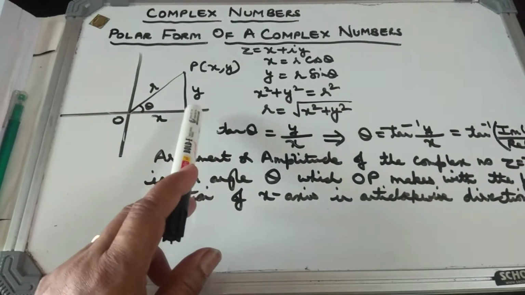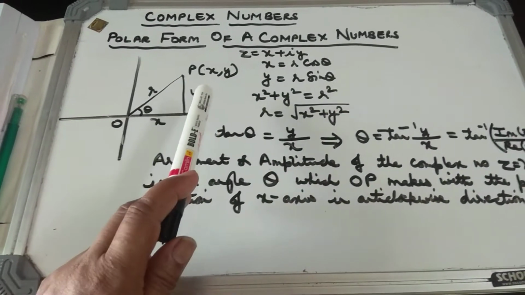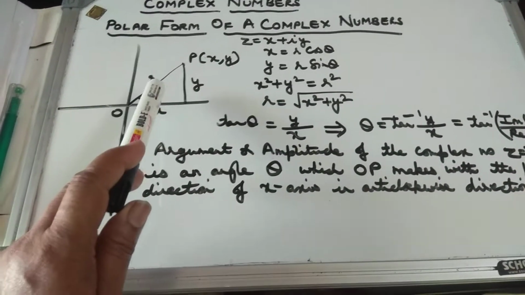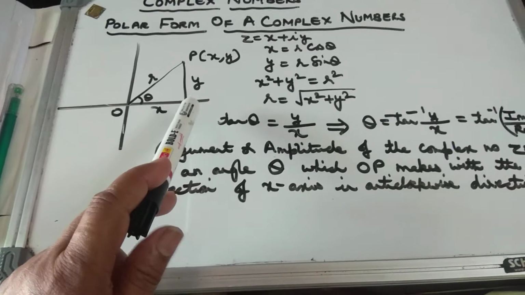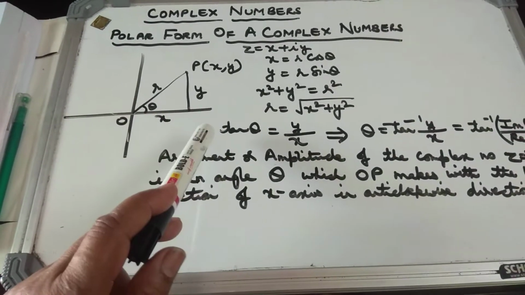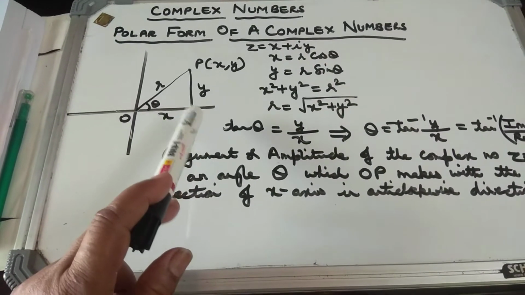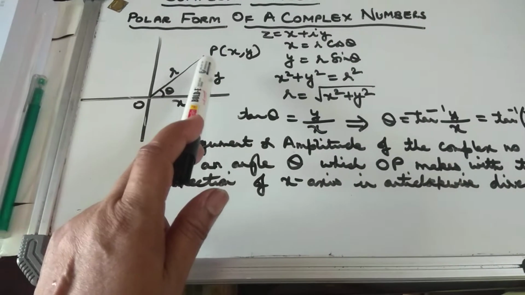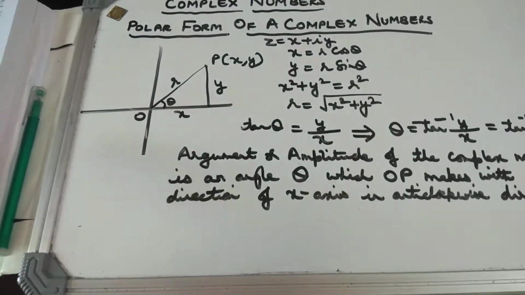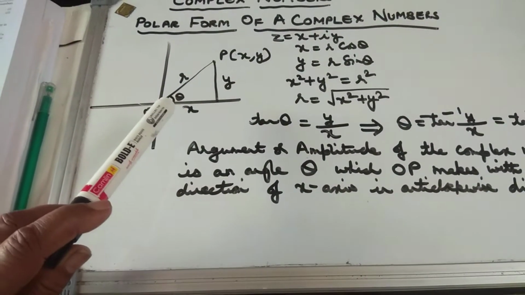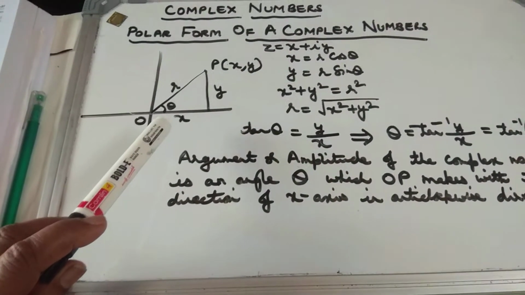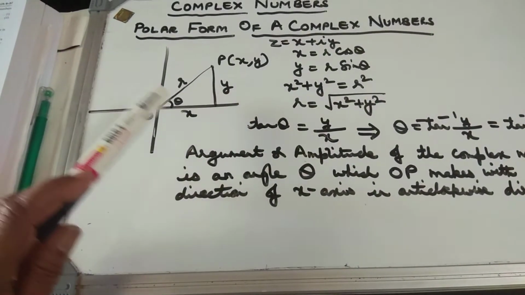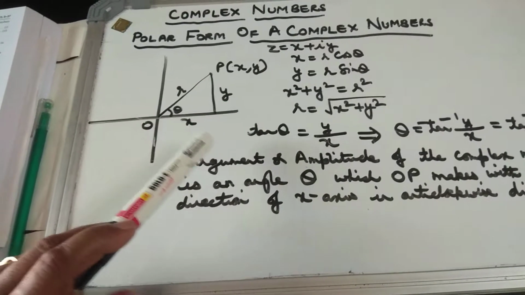If we represent P from here, then OP is said to be r, and if you drop the perpendicular from P to the x-axis, you get the distance y, and this distance is x. The angle theta is the angle taken in the anti-clockwise direction, that is the positive direction, with the x-axis.